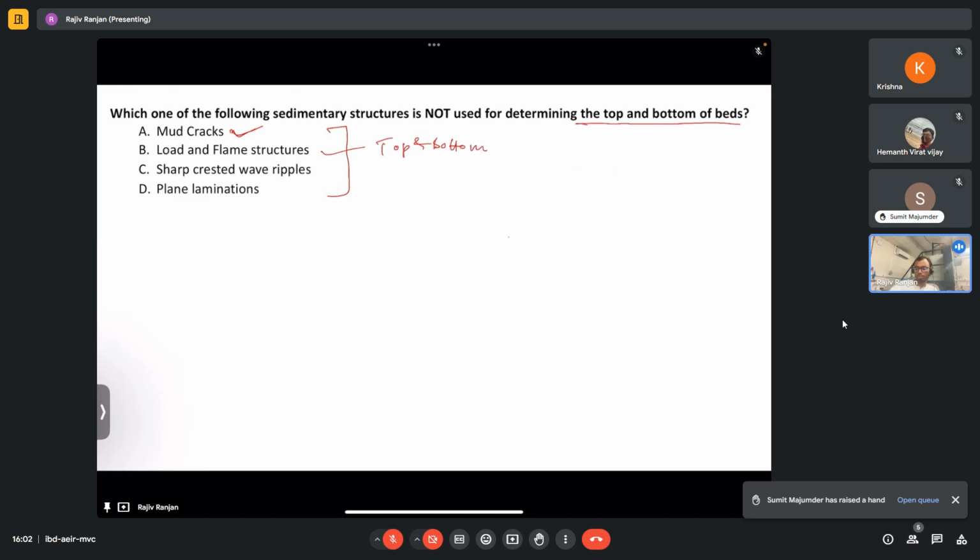If you have layers, suppose initially you had this layer, then due to some shaking, what will happen? The denser materials will try to go down.